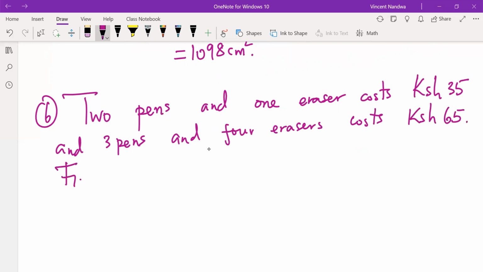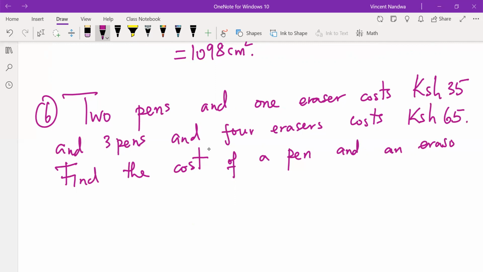Find the cost of a pen and an eraser separately.